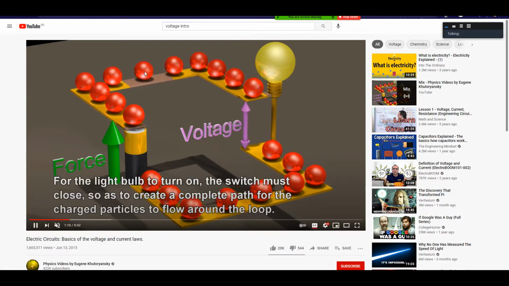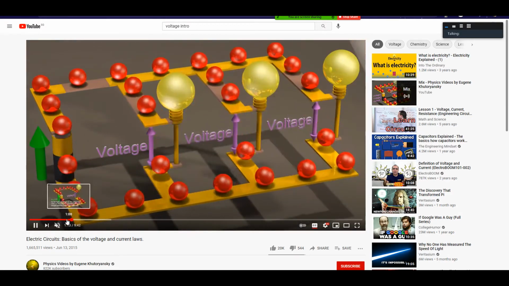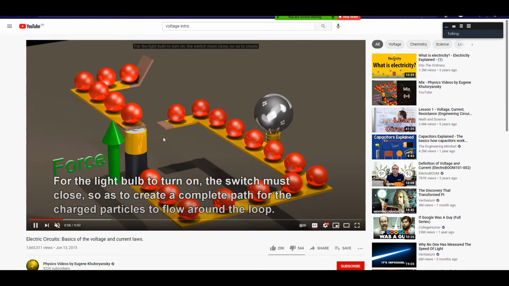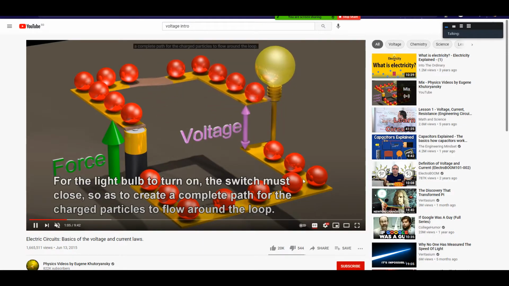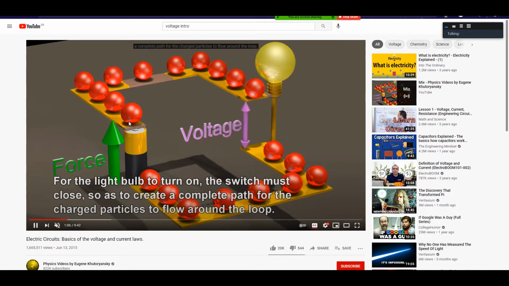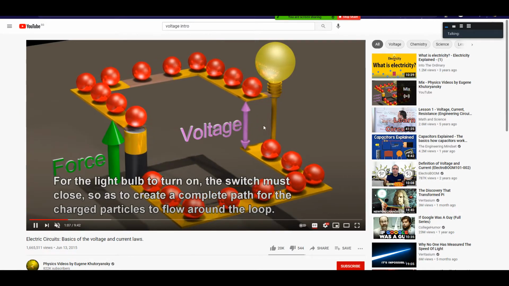So the red color particles are basically your charges, and they are flowing. As they use up the energy, they actually flow downwards, to the bottom platform. And as they gain energy, they'll go to the upper platform. So this entire platform is the wire, and until they pass through a component, their energy stays the same.